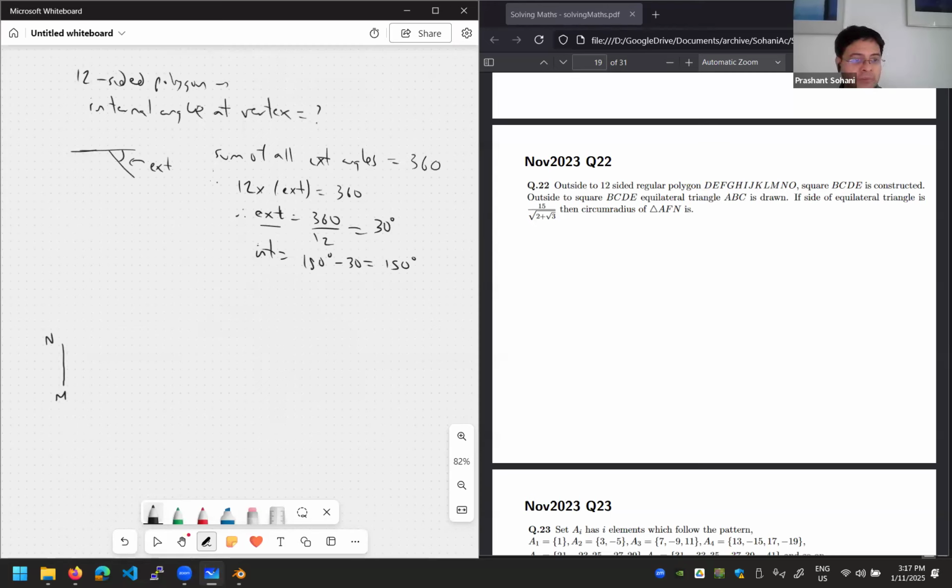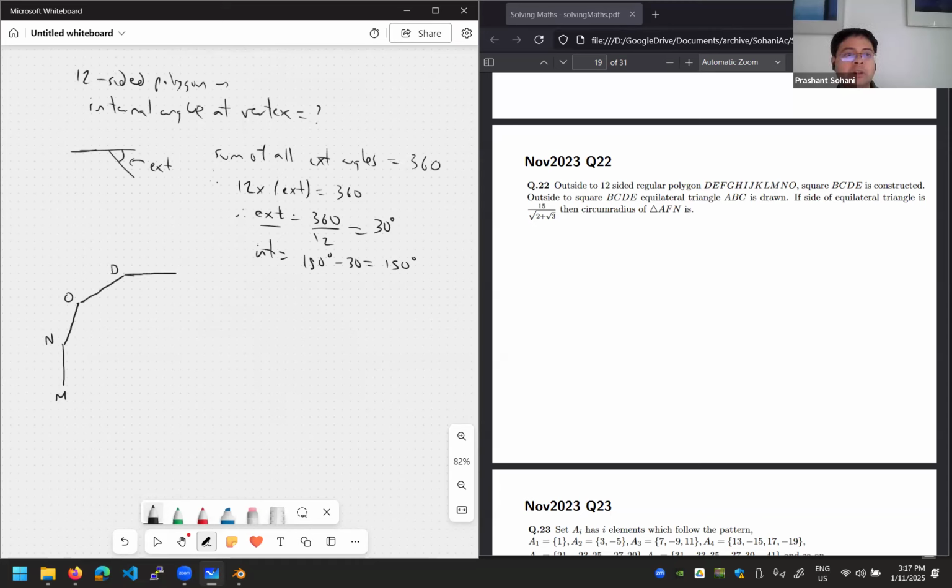Imagine that I'm walking from M to N and take a right turn by 30 degrees. So this is O. Then after O, I'm coming to D, so I take another 30-degree turn. This is D, and then from D, again a 30-degree turn.